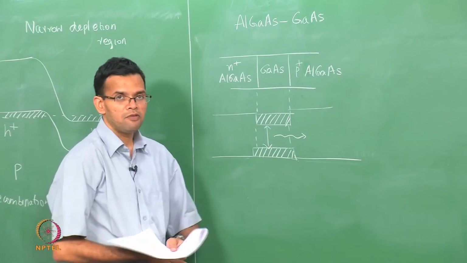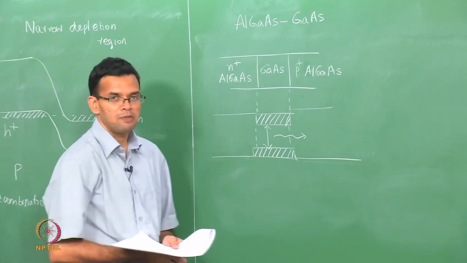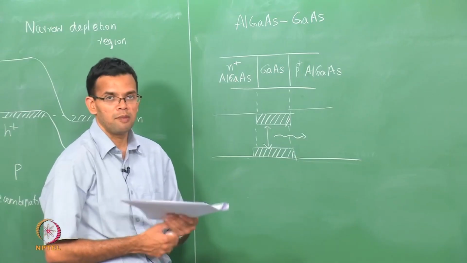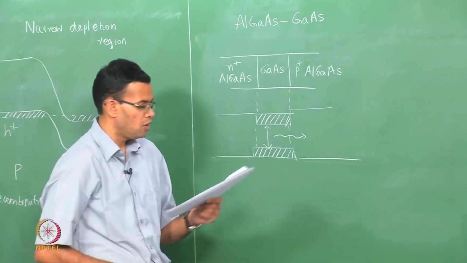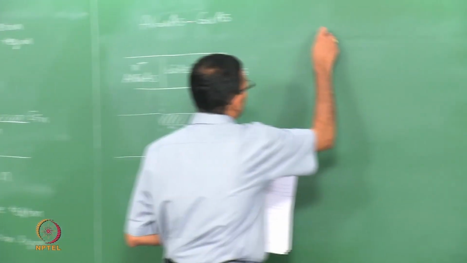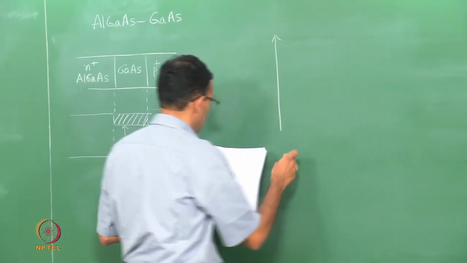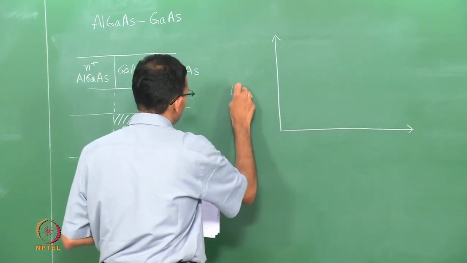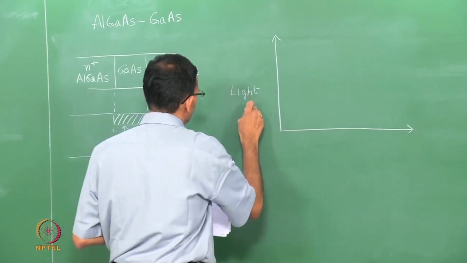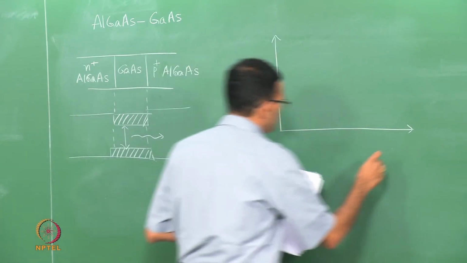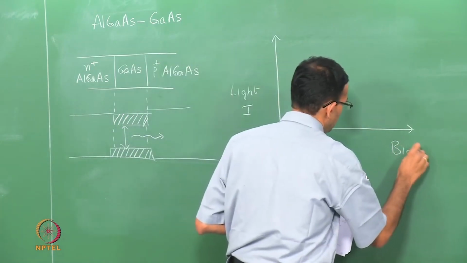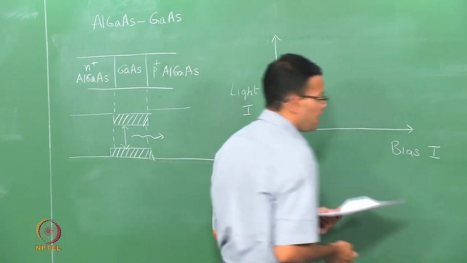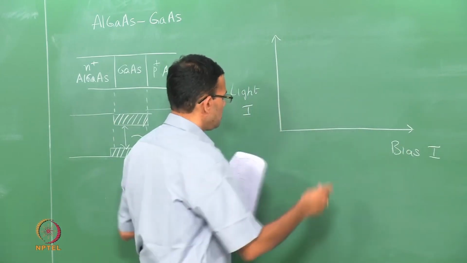The intensity of the output light depends upon the number of electron hole pairs, or the current. So, if I were to plot the light intensity versus the bias current, the bias current defines how many electron hole pairs are injected.